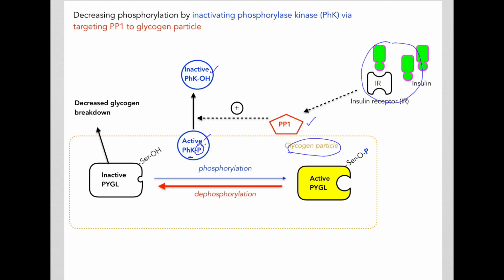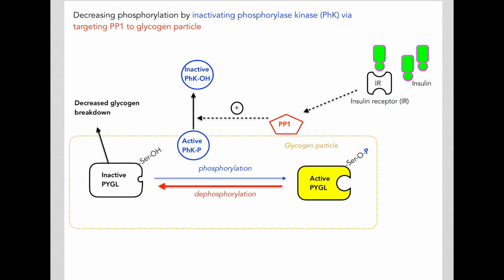So it's inactivating this enzyme, thereby stopping phosphorylation. And that will increase the concentration of inactive PYGL, which will result in decreased glycogen breakdown.